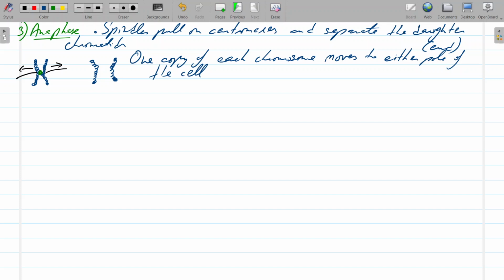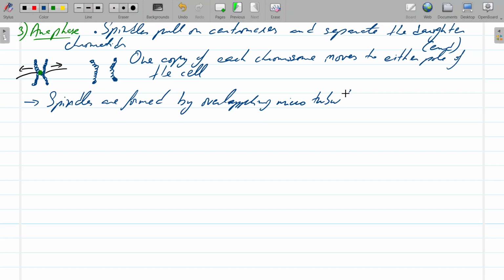Now, at this point, they explain that the spindles are formed by overlapping microtubules, and they contain contractile fibers. Right?